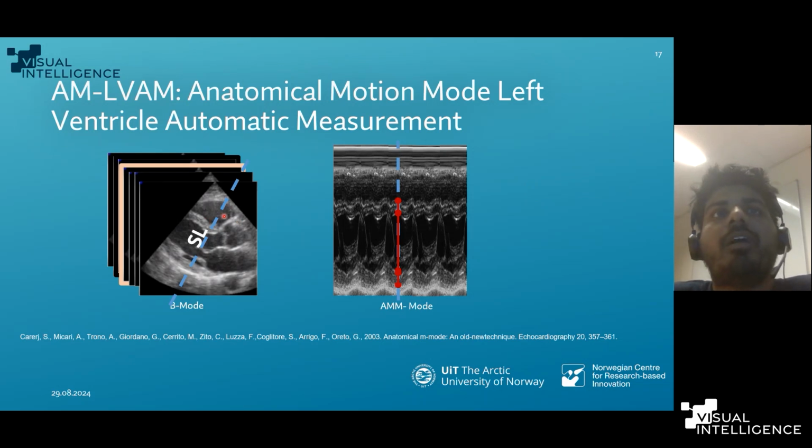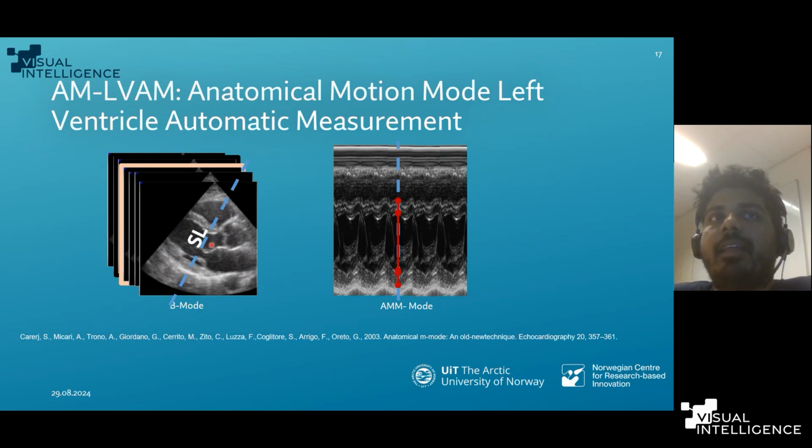As I mentioned, echocardiography images are of different quality, and if the structures are not clearly visible in the B mode, then sometimes plotting this AMM-based image helps to see how the motion of the different structure walls is happening, and it is a little bit of further help while identifying the landmarks by looking at the two modes side by side.